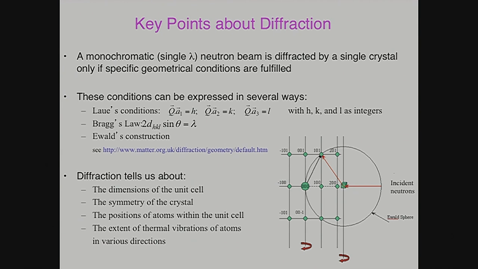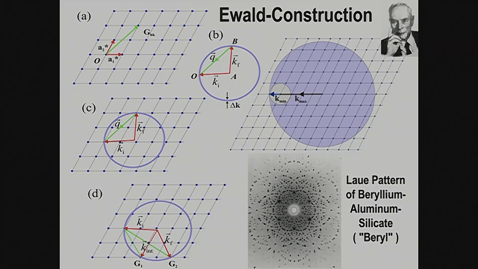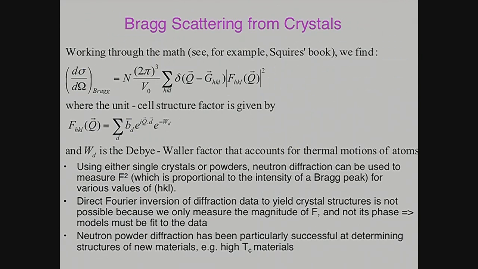This is another one, the Laue conditions, and then there's something called the Ewald construction. I'm not going to try to talk you through that. There's a website here which is quite good, actually. It's a UK website. It's quite good, pedagogically, going through a description of diffraction, and I commend it to you.